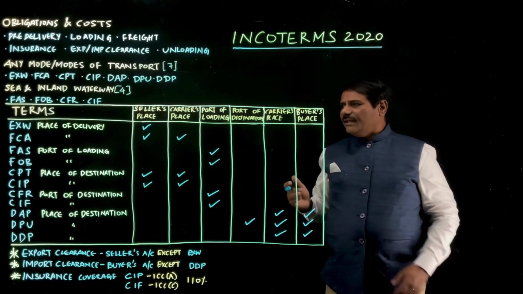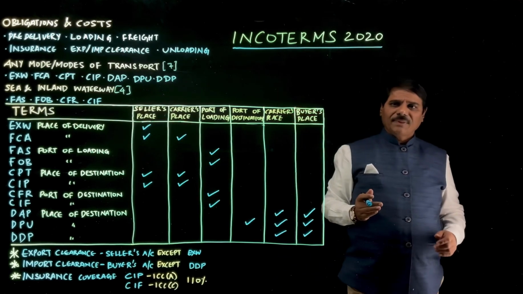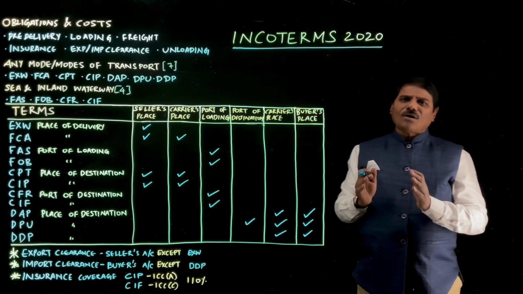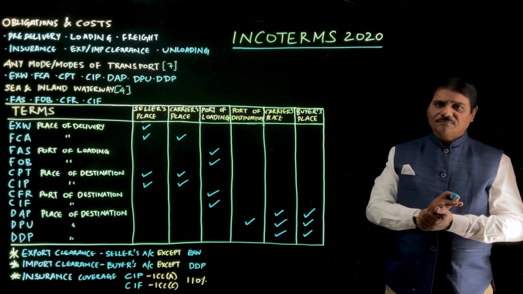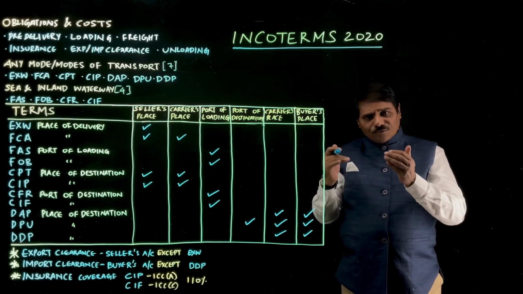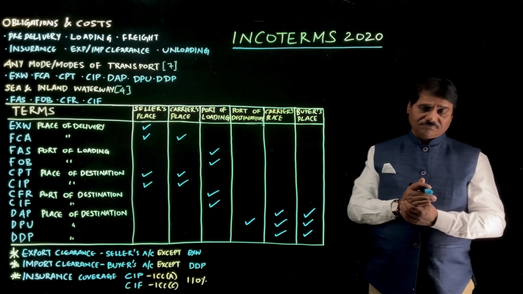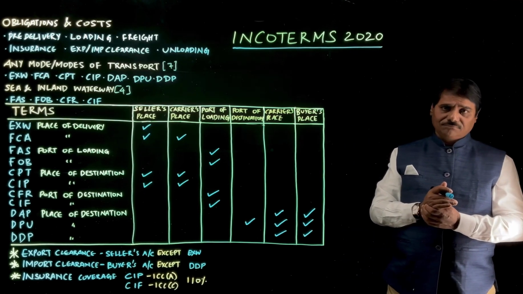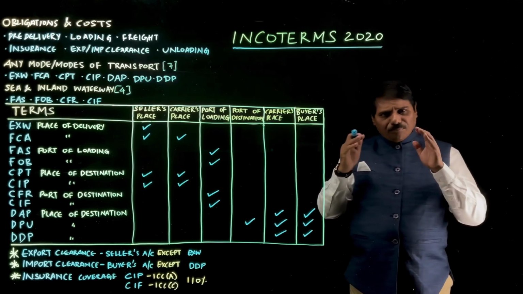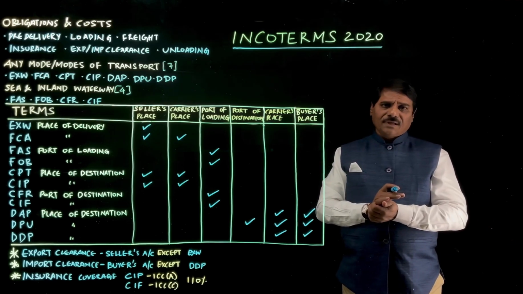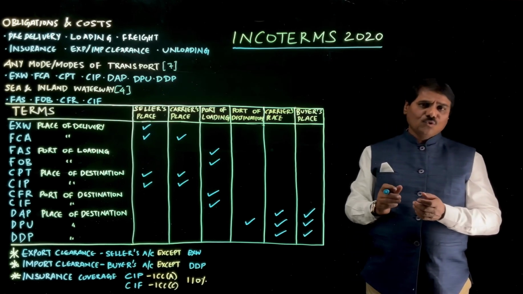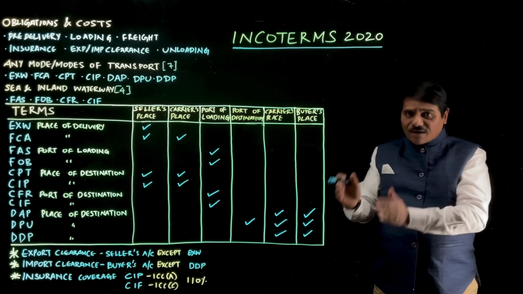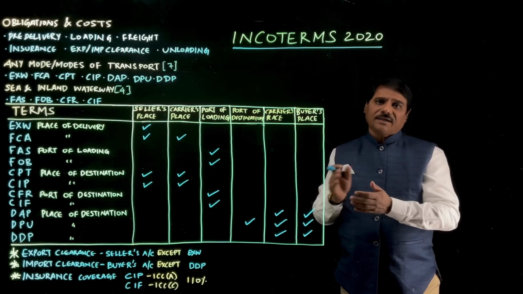But this ex works is not that appropriate for international trade. Because when you have to clear the goods for exportation in the seller's country, in most of the countries, the person who is taking the clearance of the goods for exportation must have registration in that country.